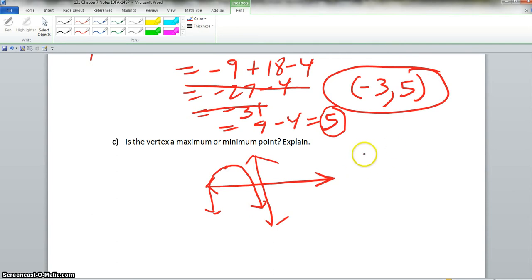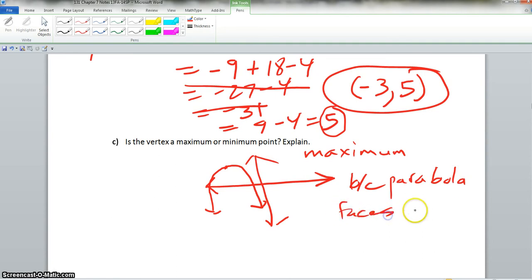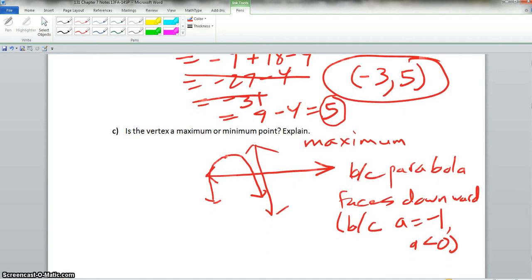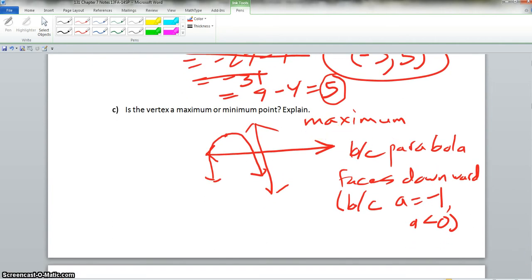So our final answer is, this is maximum, and it's because the parabola faces downward or opens downward. And just a little side note, because a is equal to negative 1, which means that a is less than 0, that automatically means it's a maximum point.